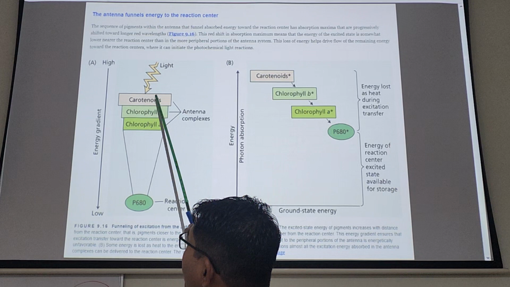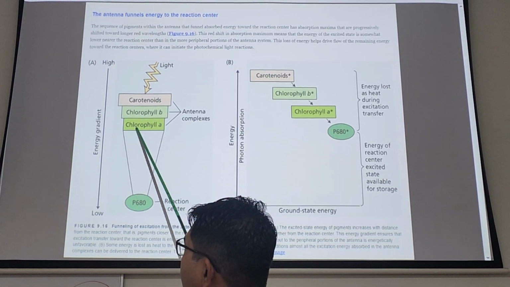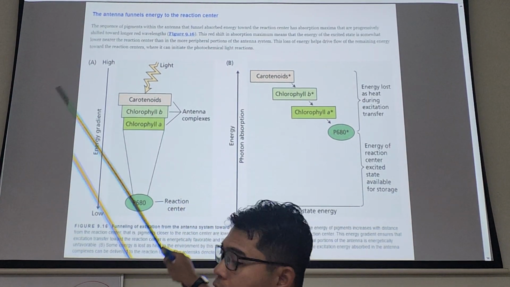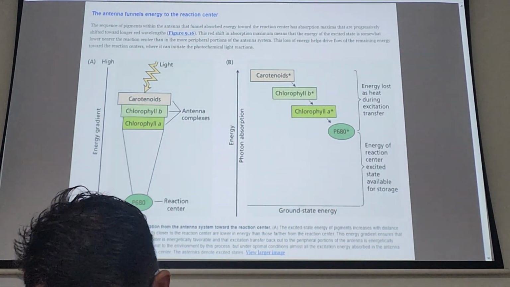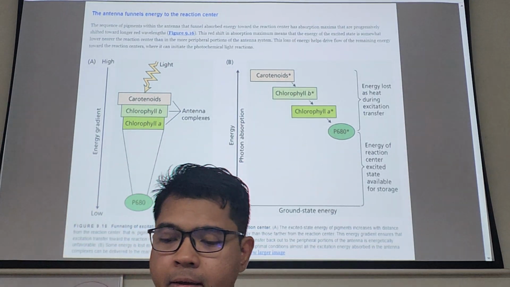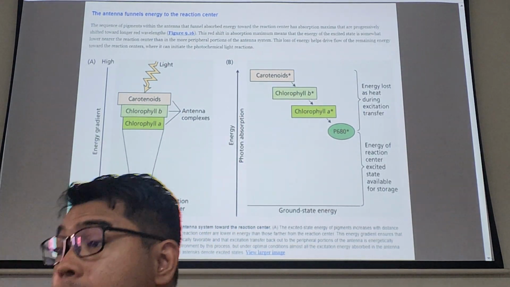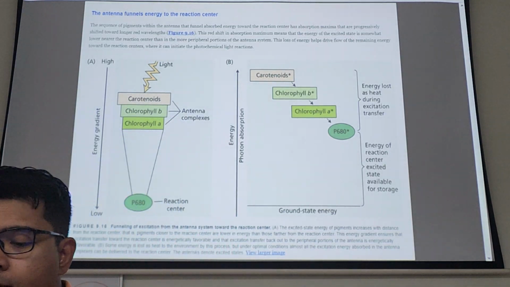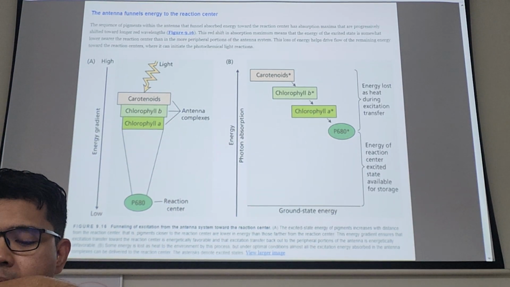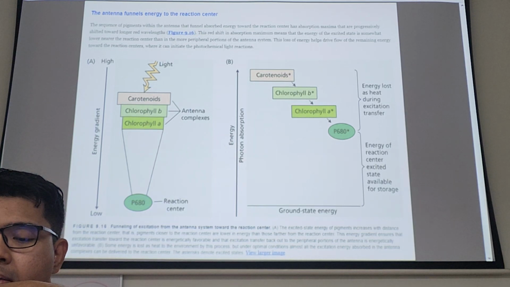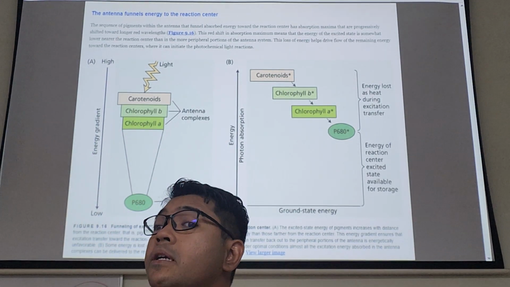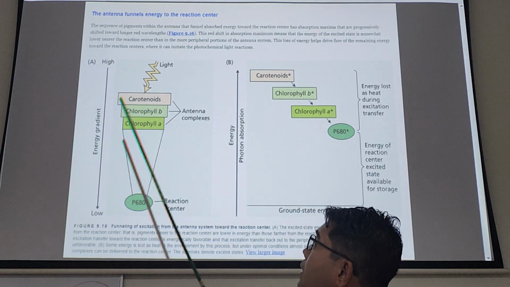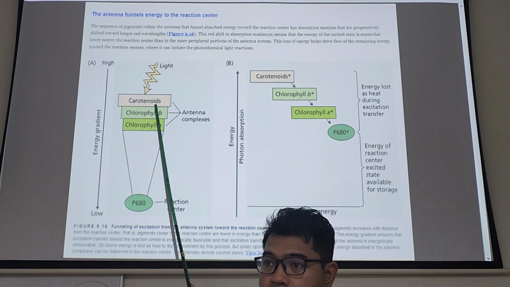So these will keep on passing the energy. Maybe the carotenoids, if you remember from your notes, the first week note, I think figure 9.7, you can see that for the carotenoid or beta carotene, the peak absorption happens around 470 nanometer. Okay, meaning that 470 nanometer is absorbed by the carotenoids.